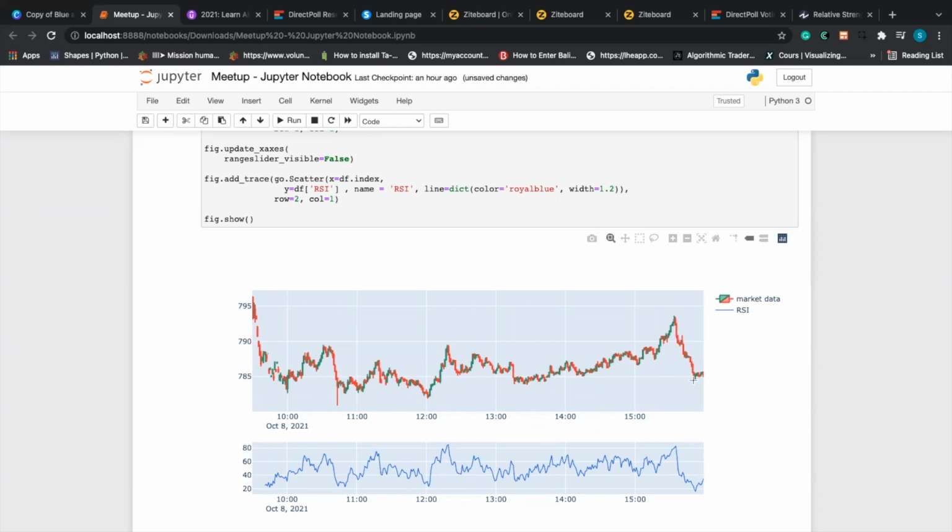A bear trend means a downward trend, and a bull trend means the market went up. And when the RSI reaches 20, which is 3:51, you can see that the market went up.